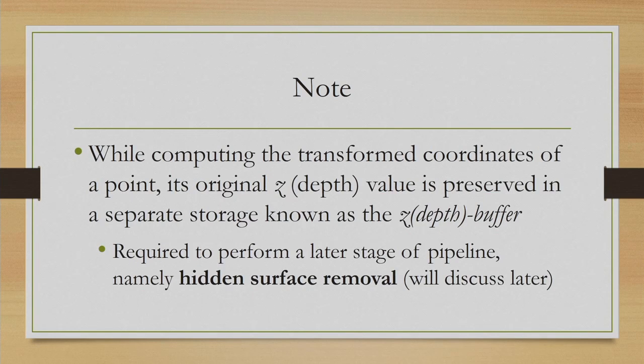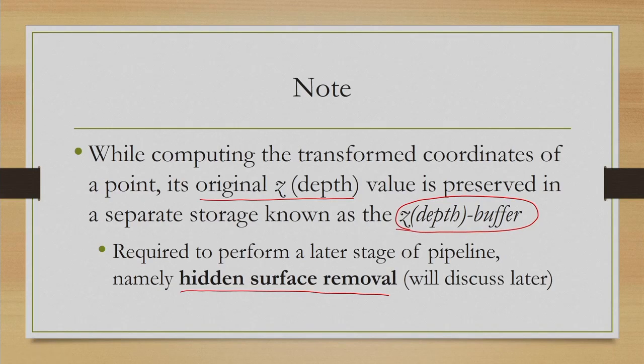One operation that we perform in this fourth stage is called hidden surface removal. We will talk about this operation in detail in a later lecture. The point to be noted here is that this operation requires depth information. So, the depth information after projection is actually not removed. Instead, this original depth information is stored in a separate storage, which is called the z buffer or the depth buffer.